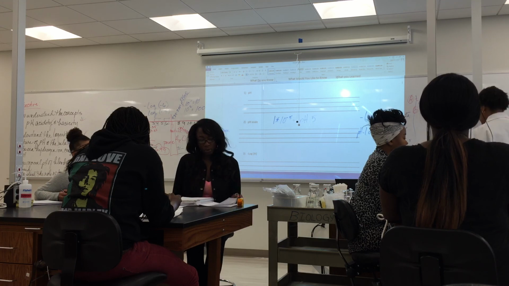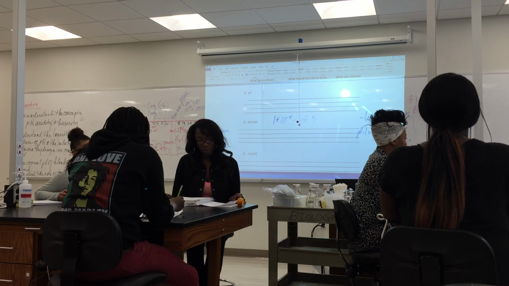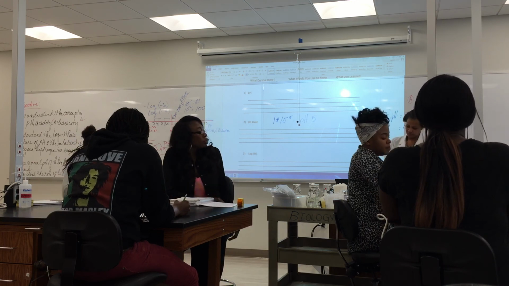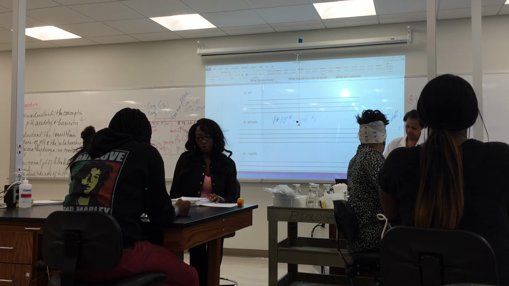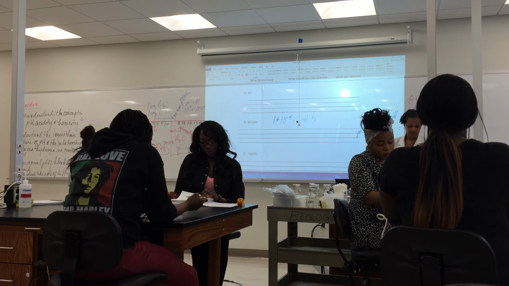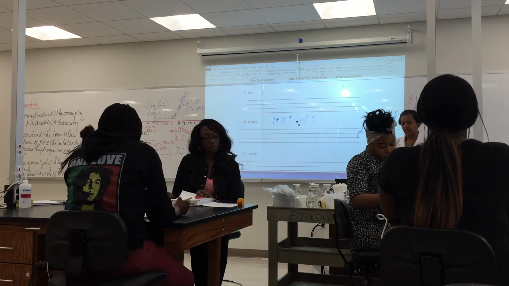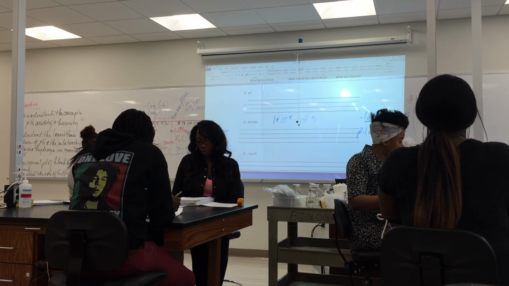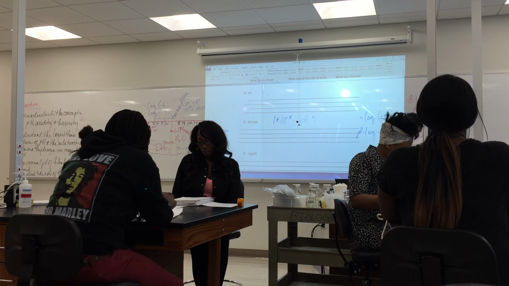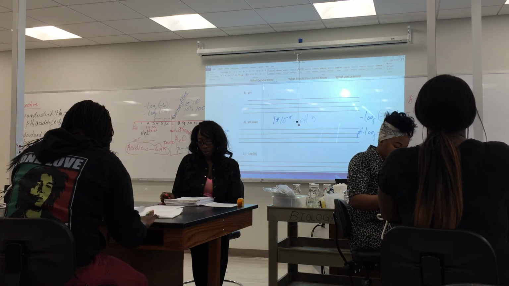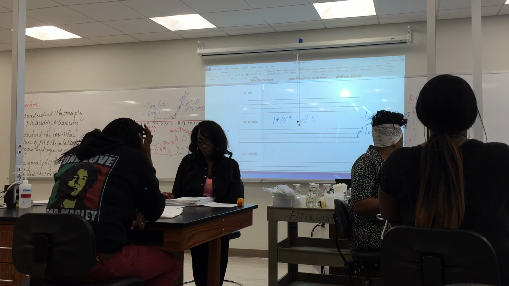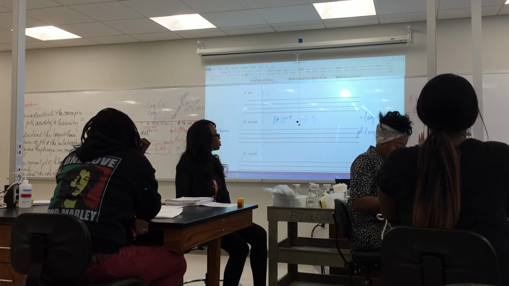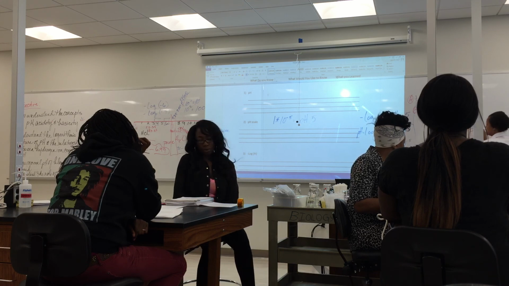All right, so if you would, look here in the lab manual. We're going to look at page 193, and it explains that when we have a buffer, like HA and A, these are the buffers, and it's a reversible type of solution.